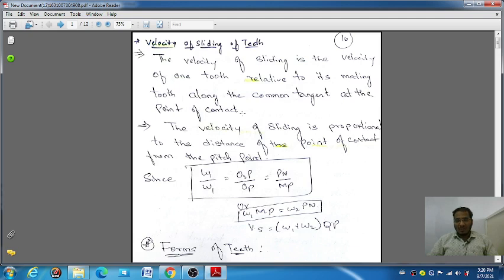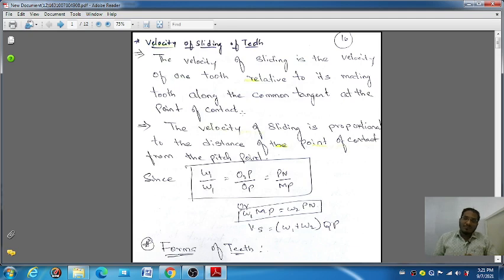In that law of gearing we discussed two diagrams: one is the pinion and rack, and the other is the wheel and rack. In that case we drew some lines of common tangent, and from that point of view I have taken those values here.